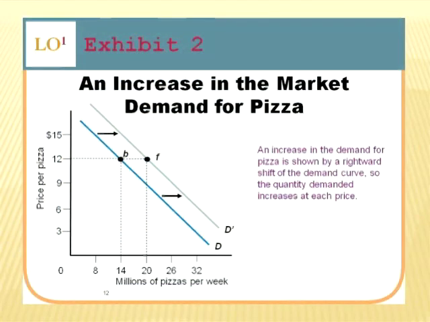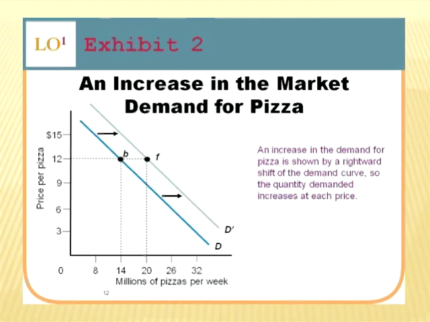So here we've had a situation in which the consumers in our market have had an increase in income, so their new demand curve moves from the solid blue line, which is marked D, to the lighter blue line, which is D prime. This is said to be an increase in demand for pizza. That is, they want more at each and every price.